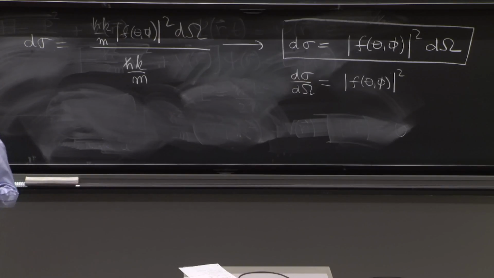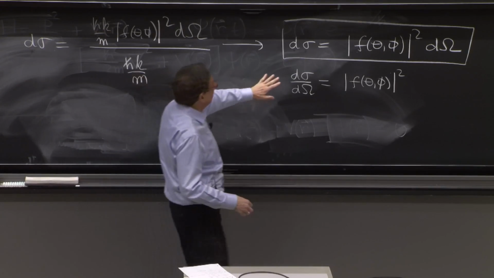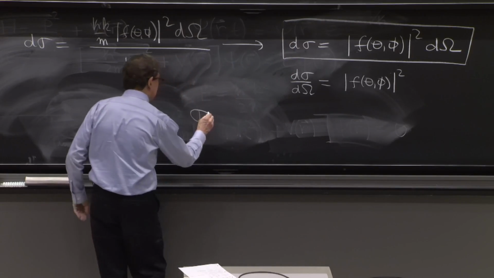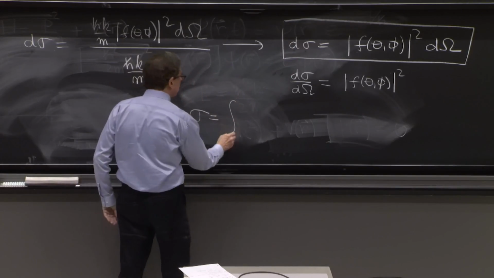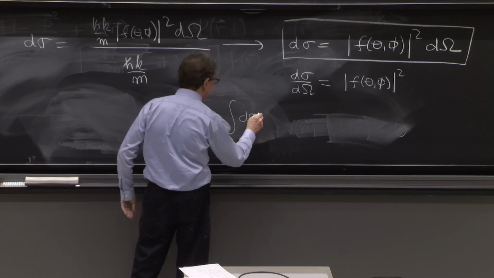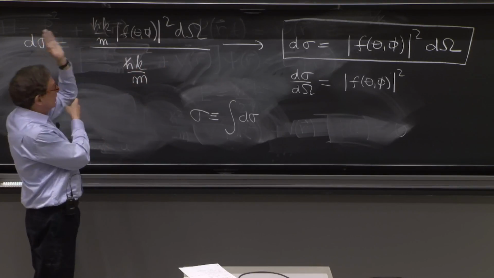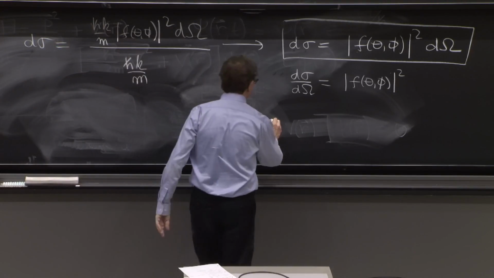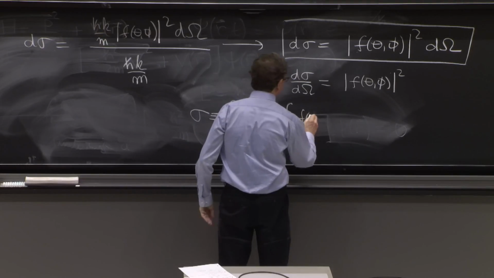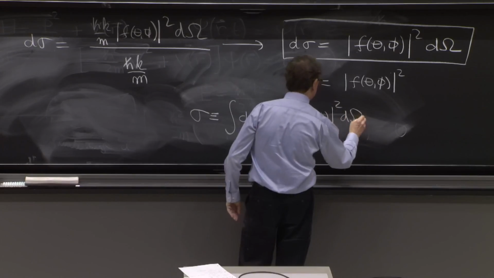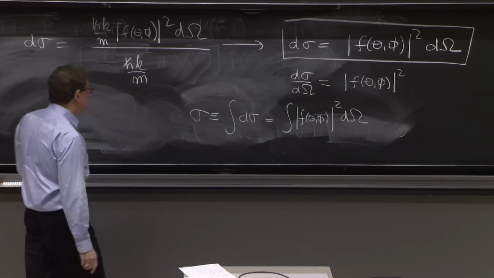Derivative with respect to solid angle doesn't mean too much, I think. But this is another way people write it. And finally, people integrate this. The total cross-section is the integral of the differential cross-section over all solid angles. So this means integrating f of theta phi squared d omega. And that's the total cross-section.